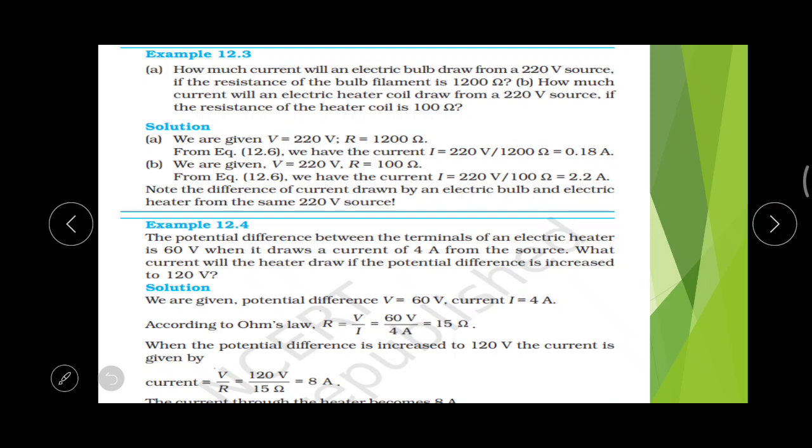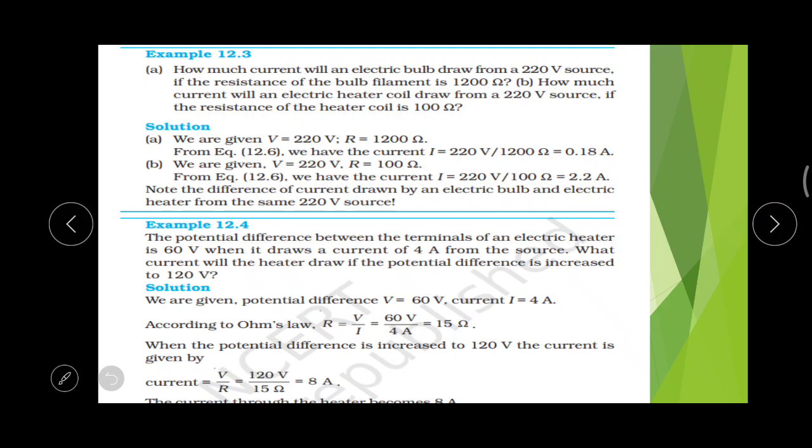And the second one: how much current will an electric heater coil draw from a 220 volt source if the resistance of the heater coil is 100 ohm. So in both cases the potential is 220 volt, and the resistance values are varying.